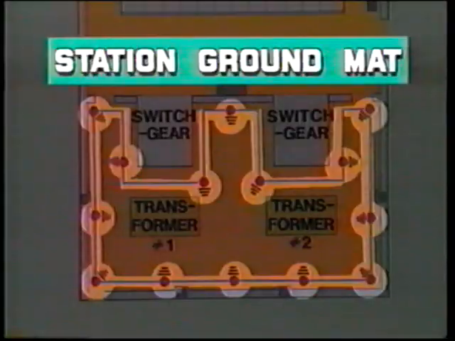Now, let's take a look at GPR, ground potential rise. As we all know, a substation or power station is constructed upon a grounded metallic grid, or ground mat, as it's called. This may actually extend for some distance outside the perimeter of the substation.